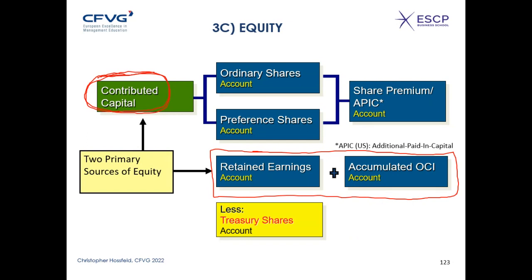Maybe another occasion would be a big takeover of another company. So you buy another company, it will cost a lot, very high amounts, very high risk. Any takeover is risky, of course. And maybe here also it would be unwise to finance the whole takeover with debt only. So I will probably finance the major part with debt, but then some residual part I will finance with equity, and I will issue new shares, for example.